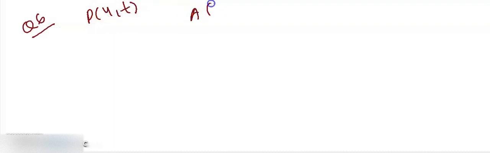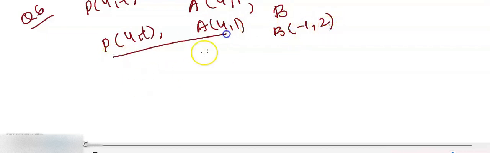In question 6 it says that this point P, which is (4, t), is equidistant from point A, which is (4, 1), and let's say B is the point (-1, 2).